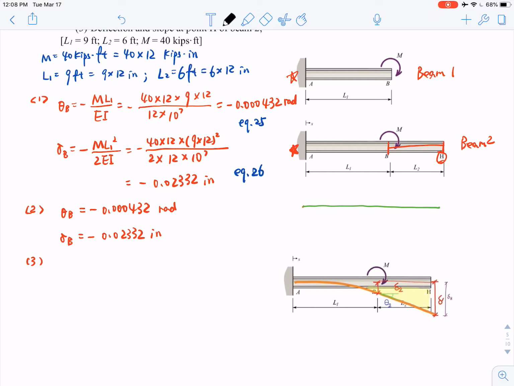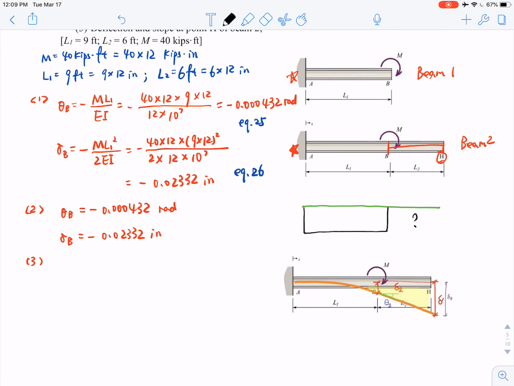Well, is this bending moment M positive or negative? Well, do you remember our golden rule? If it makes this cantilever or beam cry, it will be negative. According to the direction, it will make it cry. So this is a negative bending moment. So the bending moment diagram will be a negative constant value M from A to B. Then is there anything here? Oh, no. No bending moment at all on this beam section BH.